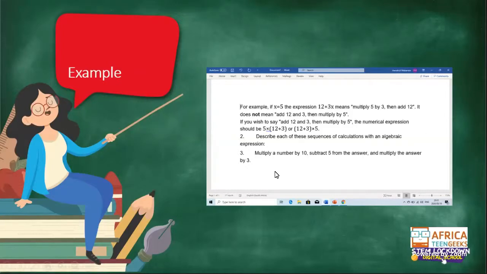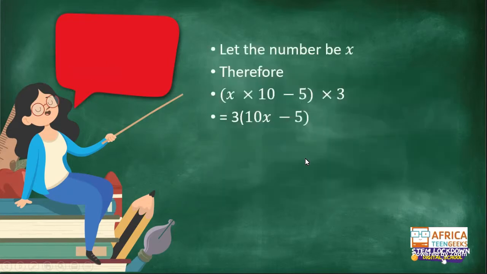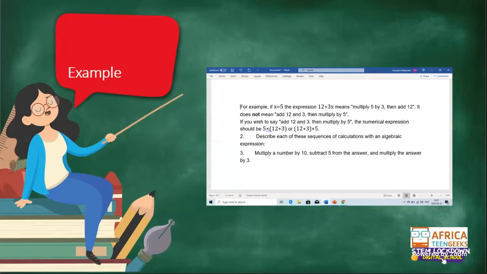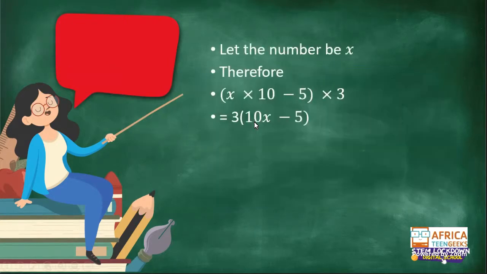Example, when I say multiply a number by 10 and subtract 5 from the answer, and thereafter multiply the answer by 3. So you can look at the third one there, multiply a number by 10, subtract 5, then multiply the answer by 3. Therefore, we will proceed as follows. Let the number be x.